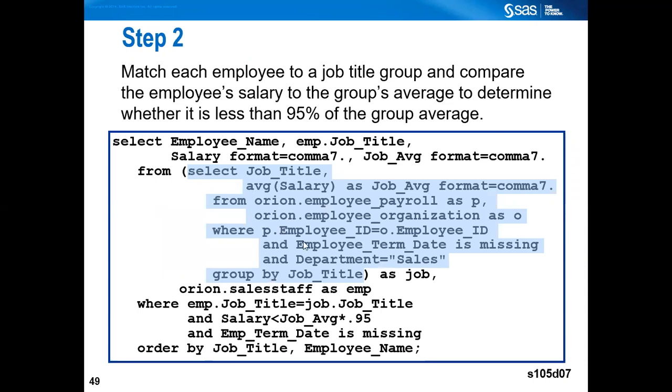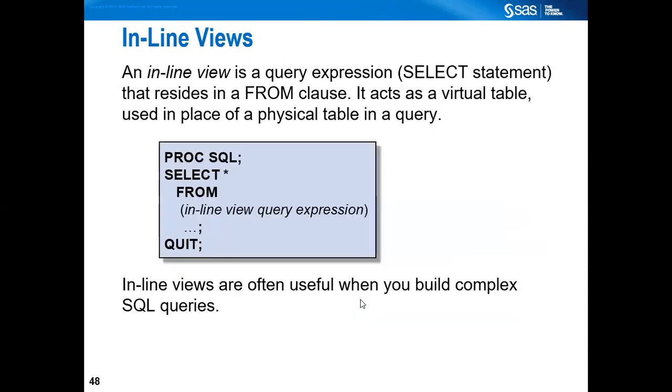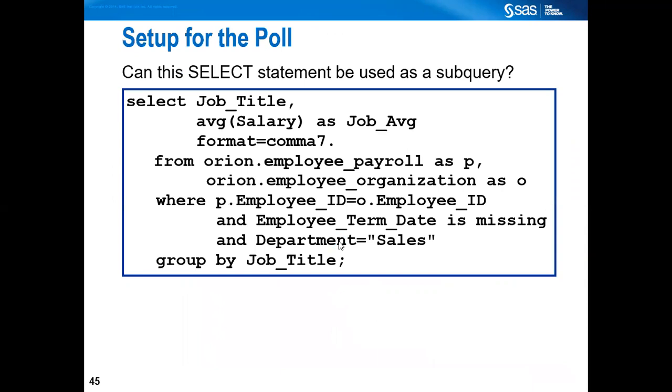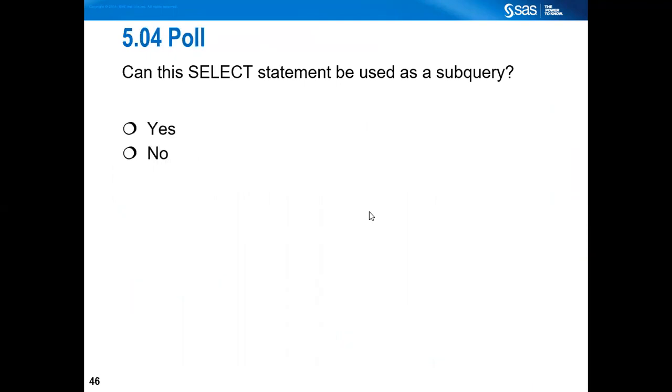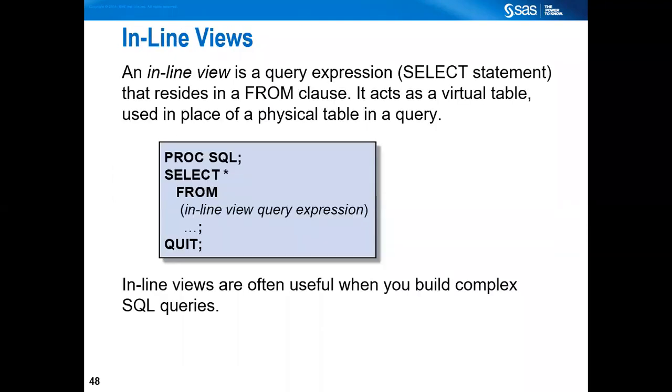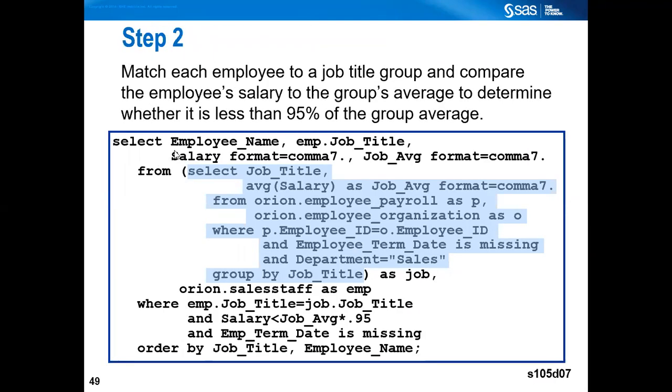See? This select, where it generated this result, will be a virtual table. It's nowhere a physical table. From this table, it will be able to select the employees who are earning less than 95%. So you're writing a query: employee name, job title, and job average, where you're calculating the average of salary.